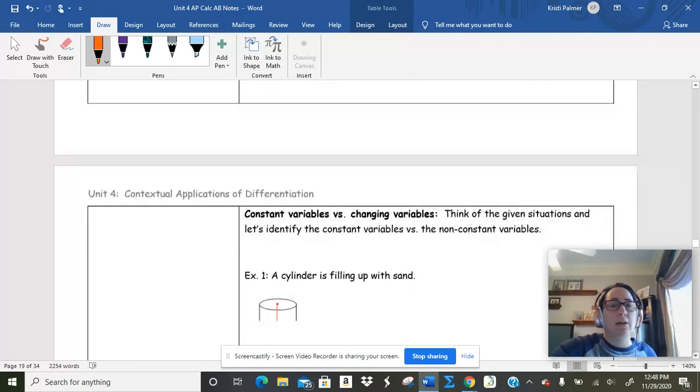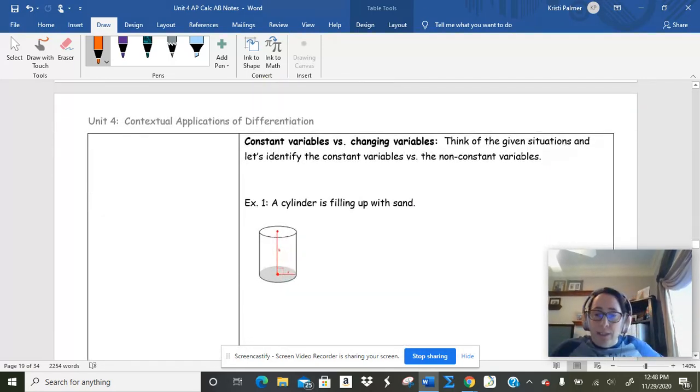Okay, so first thing we need to know is, when we're doing something, what are the variables? And are these variables constant or are they changing? So that's what we really want to pay attention to. If I look at this cylinder, what's the volume of a cylinder?